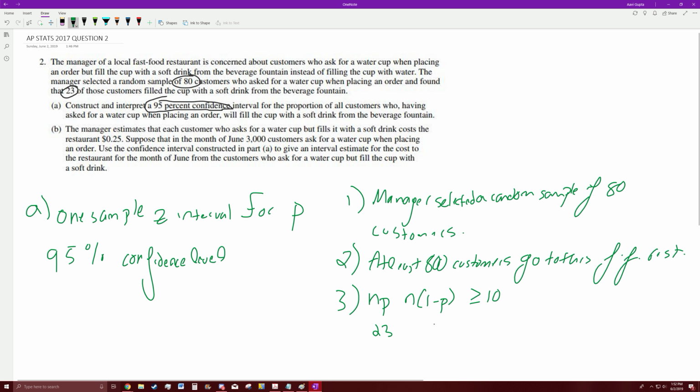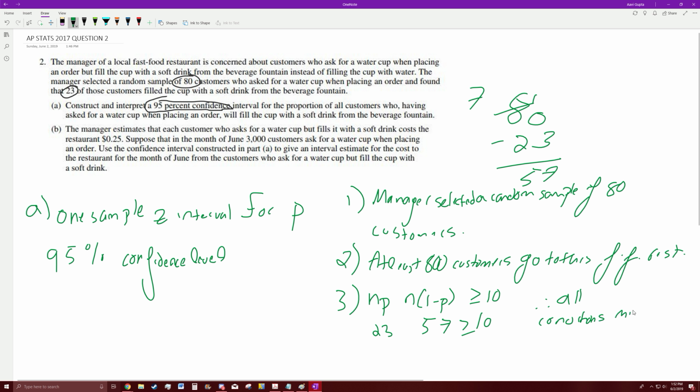And then n times 1 minus p, well, that's 80 minus 23, which is just 57. Which are both greater than or equal to 10, therefore all conditions met. Okay, now we can move on to the next part of the interval, the actual calculation.